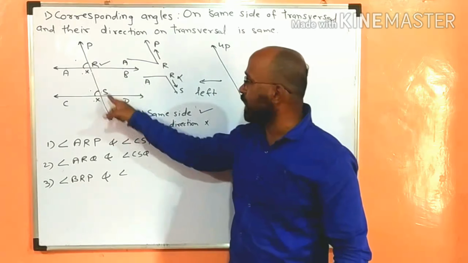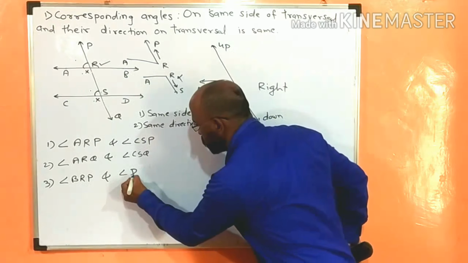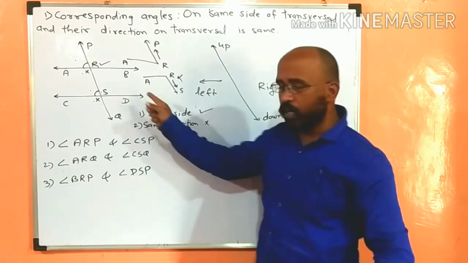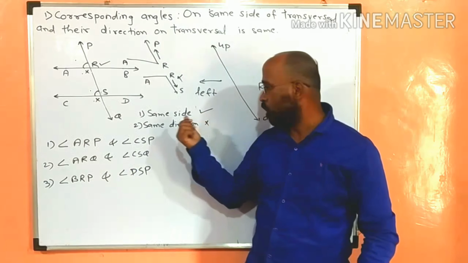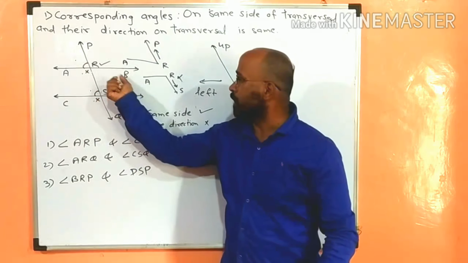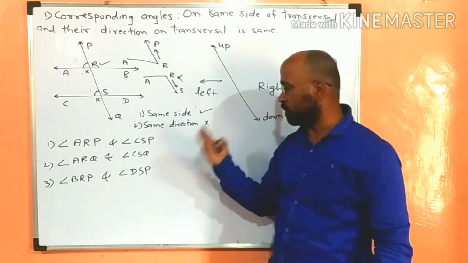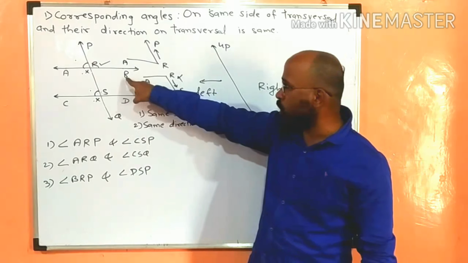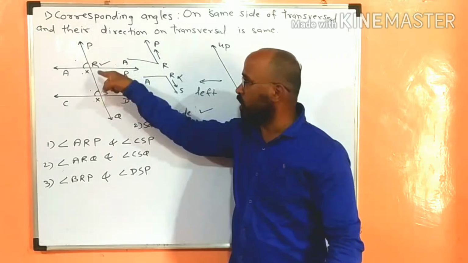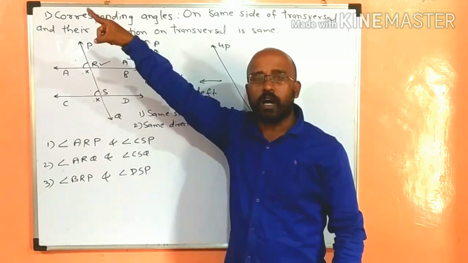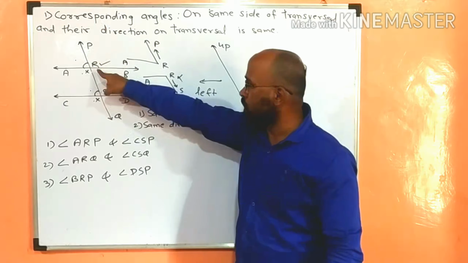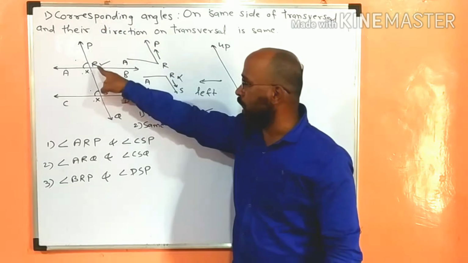Next angle is DSP. We have selected angles on the same side. Both are DSP and BRP. Both are on the same side, right side of the transversal. Now direction of BRP on the transversal is going towards up, right? BRP has two arms, BR and RP.